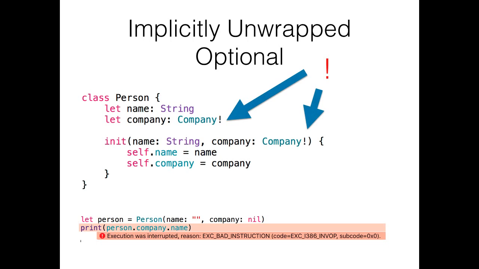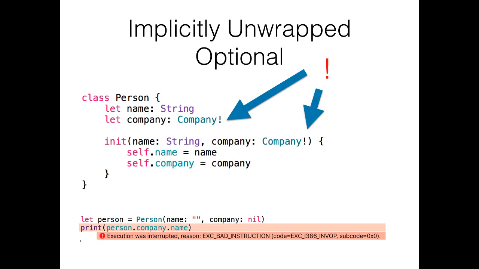Let's start with the black sheep of optionals, which are the implicitly unwrapped optionals. In this case, we have a small example with a class being a person, and this person has two things. They have a name, which they definitely need to have, so after String there's nothing. And then people can be employed or unemployed, so company might as well be nil, because you might not be employed.